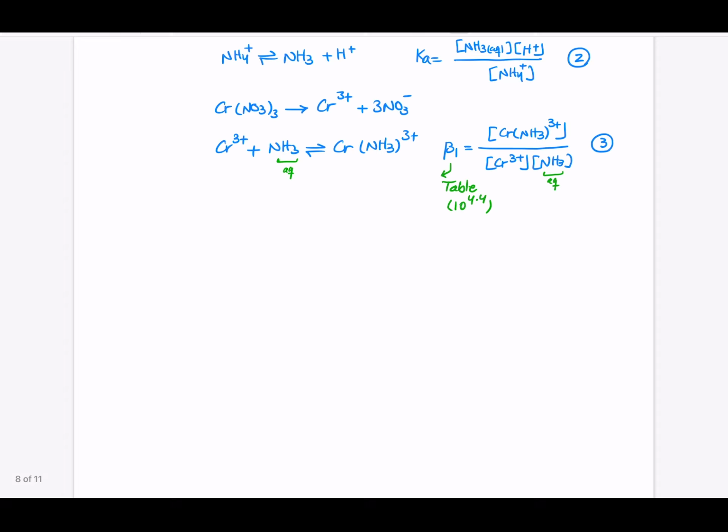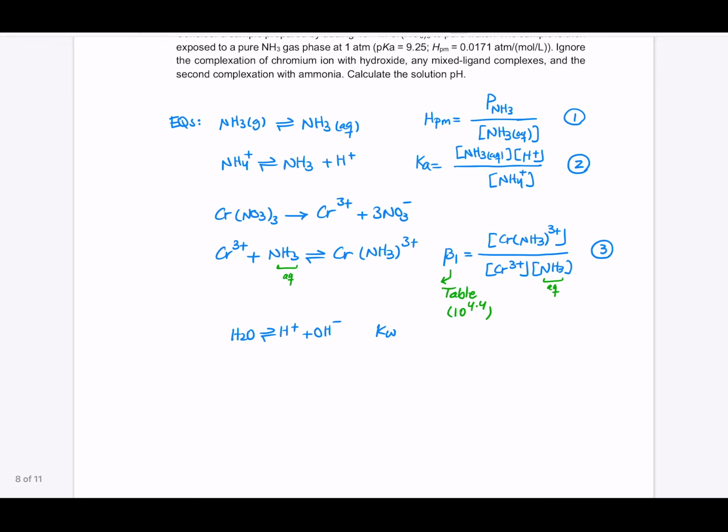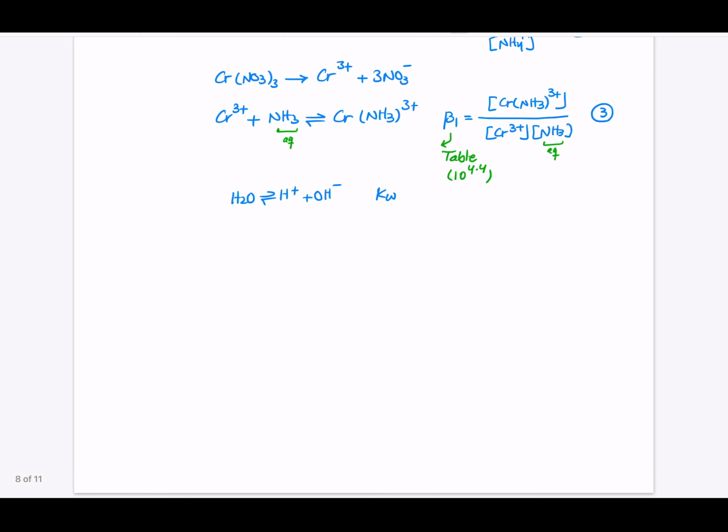And as always, we have also water, and Kw represents this one. So we have the whole picture. We can also write down the species. Have H plus, OH minus.